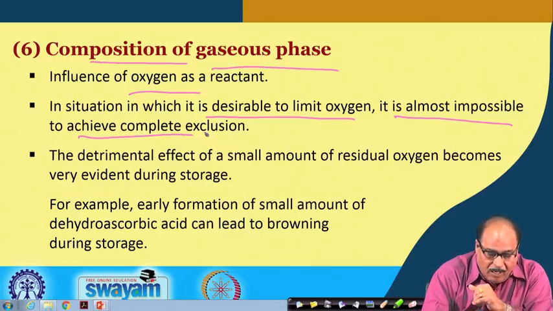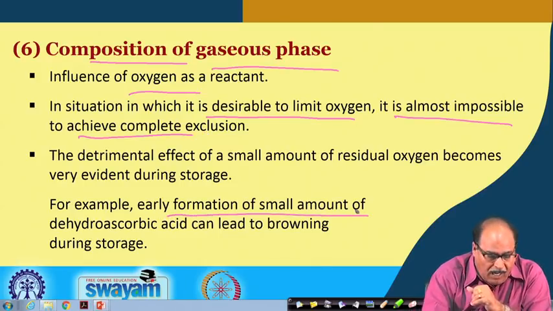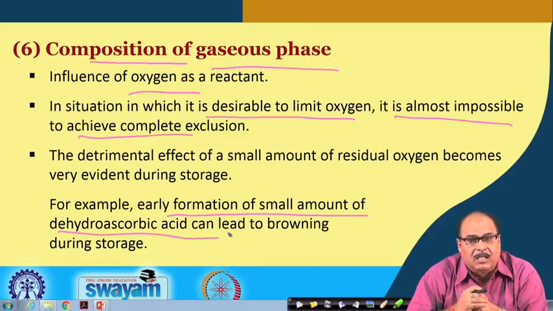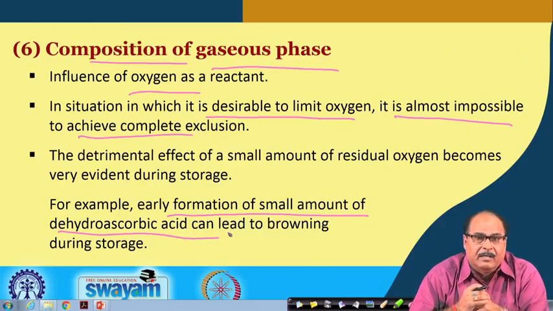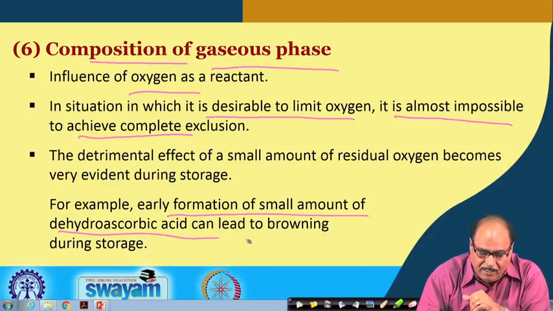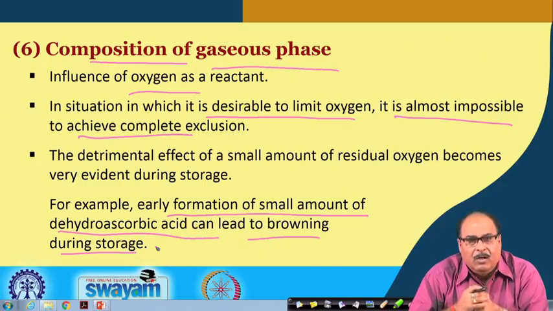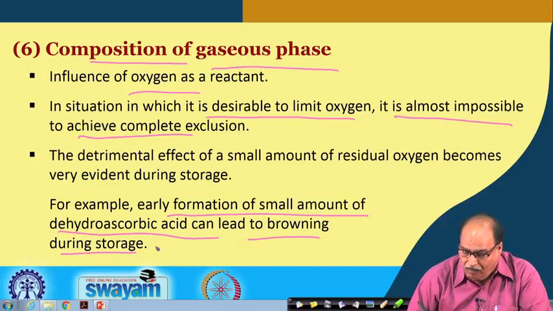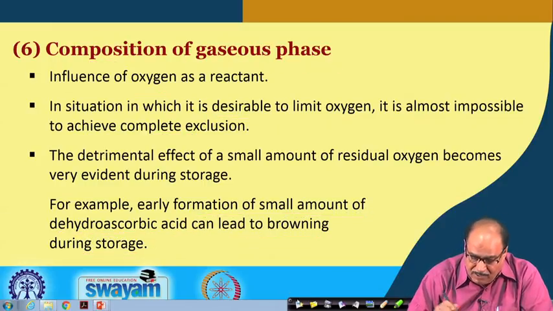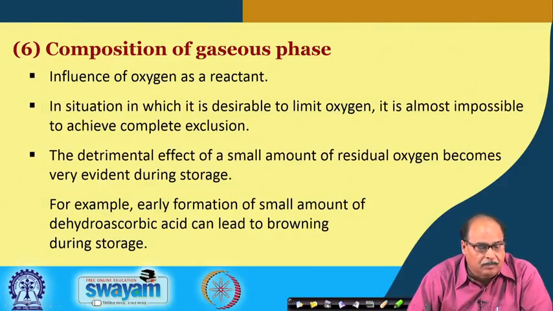Even early formation of a small amount of dehydroascorbic acid by the oxidation of ascorbic acid can take place at a comparatively lower amount of oxygen availability. So, it can lead to the browning reaction during storage. All this becomes an important variable and consideration, and it should be properly checked and controlled.